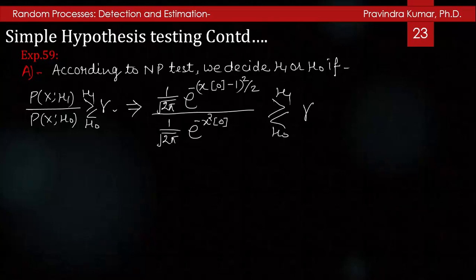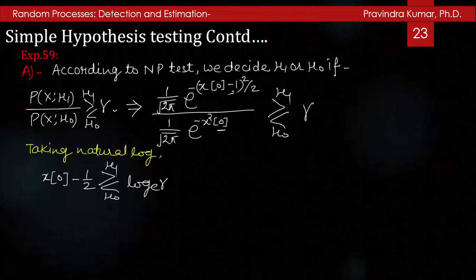You can write it as 1 upon under root 2 pi e to the power minus (x naught minus 1) whole square upon 2, over 1 by under root 2 pi e to the power minus x naught square by 2. Taking the natural log you will get x naught minus 1 by 2 greater than or less than log e gamma, or you can write x naught greater than or less than 1 by 2 plus log e gamma, and this is the new threshold value, gamma dash.